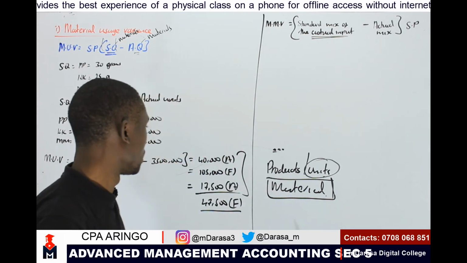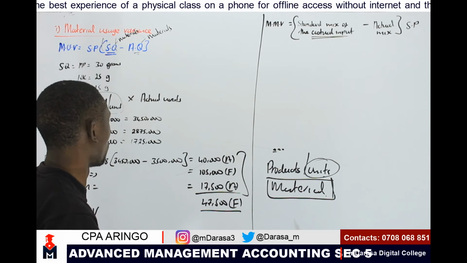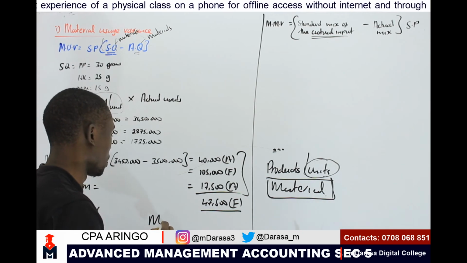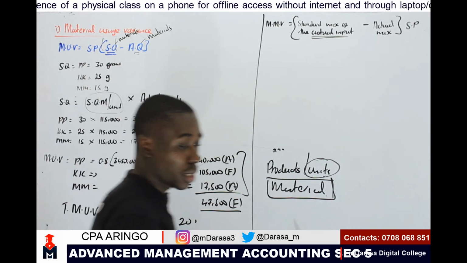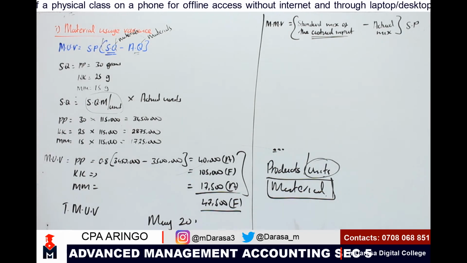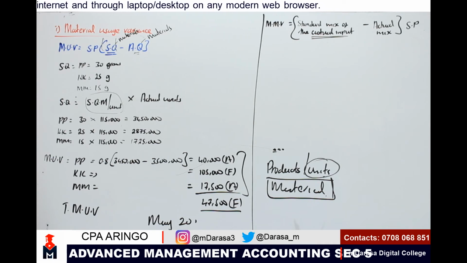Dave? Hiyo swali ilikuwa umeshare hapo. Ilikuwa this is May 2012, si ndio? Ama has it been shared? Let me check it out. Umeona Dave? Ndo hiyo chat, May 2012 question 5 part B. The question was shared.